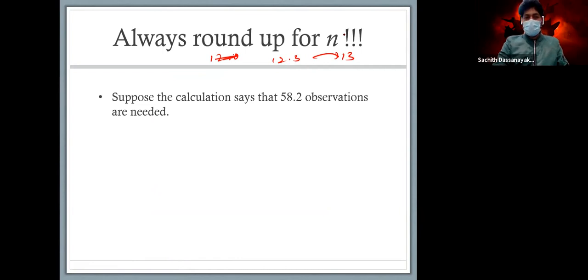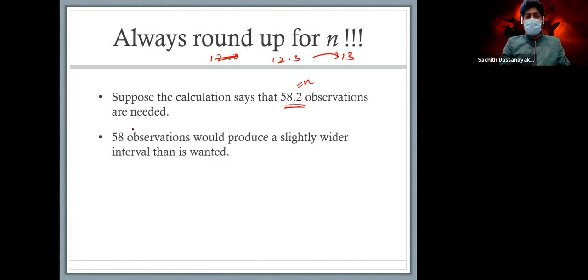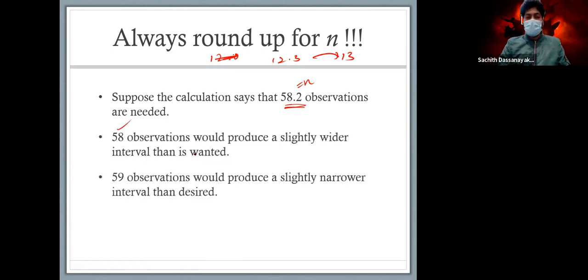I can show you here. Once you calculate it, let's say you have this value 58.2, so you can consider 58 or 59, right? Once you use 58, it is a little bit wider.